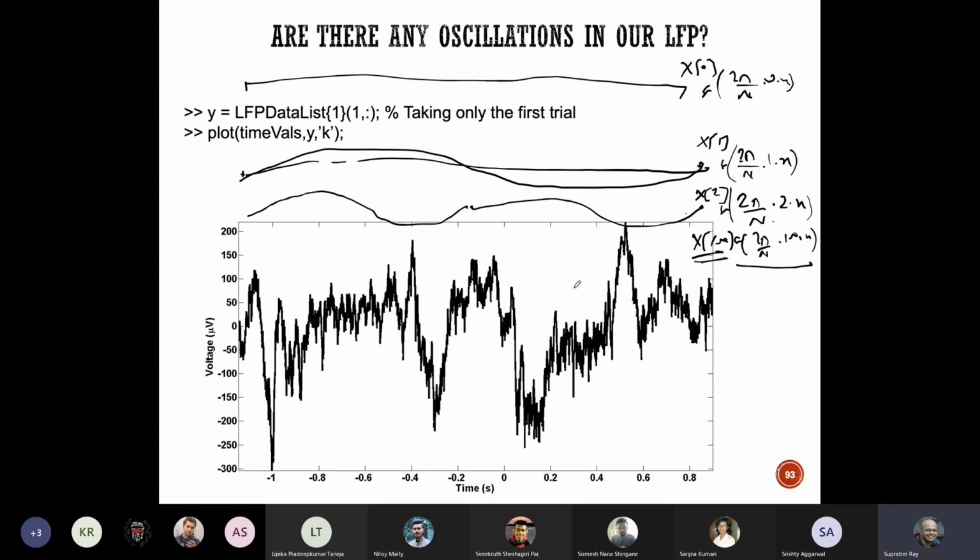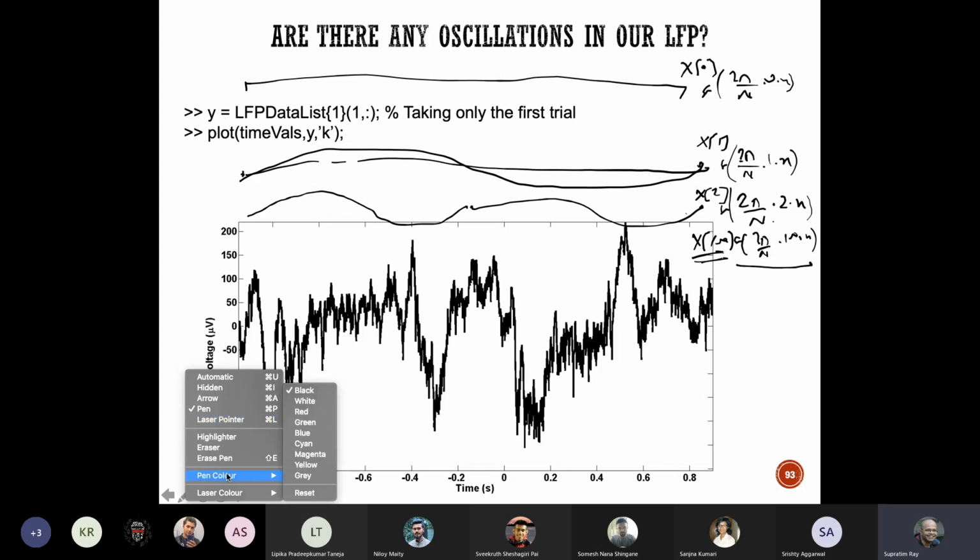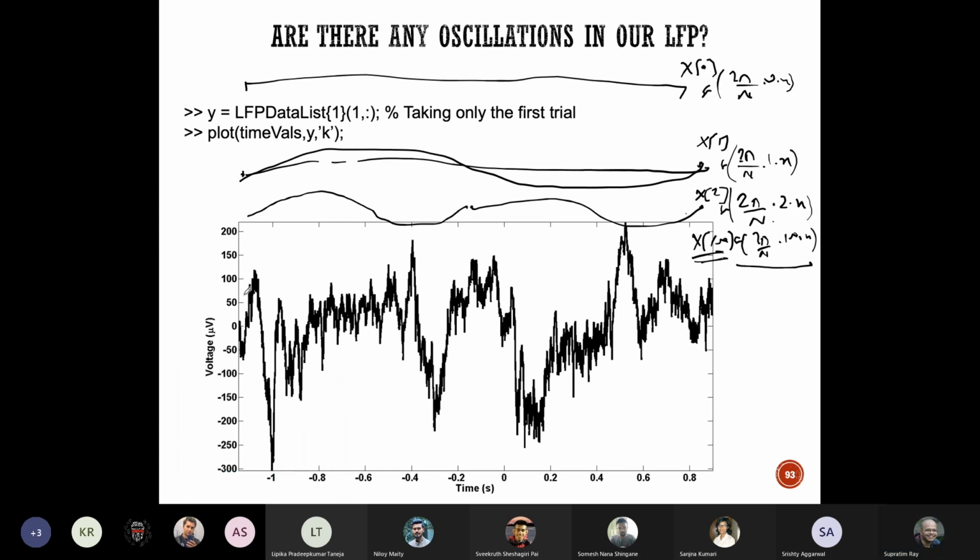This coefficient, if I now plot this in a different color, is large, but it's this coefficient multiplied with a sinusoid which is present everywhere.